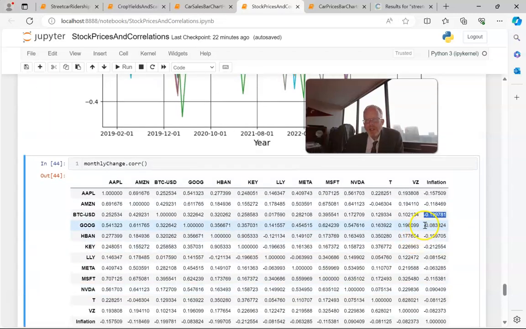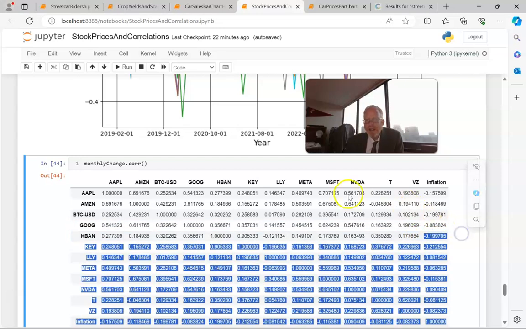It's just interesting that Bitcoin is there with about the same correlation to inflation as Huntington Bank. And banks don't tend to like inflation much because that tends to push up interest rates, which means fewer people will qualify for a loan. So banks and inflation tend to run opposite.